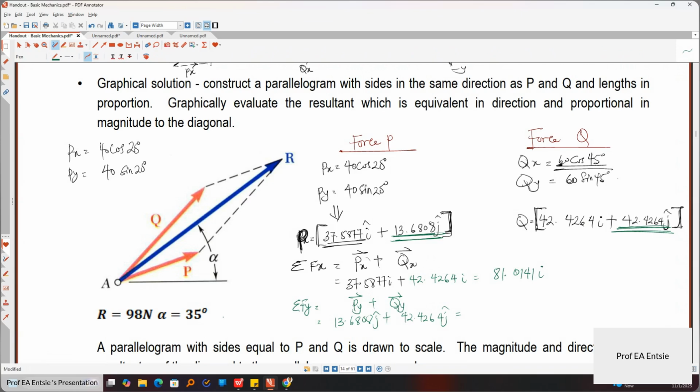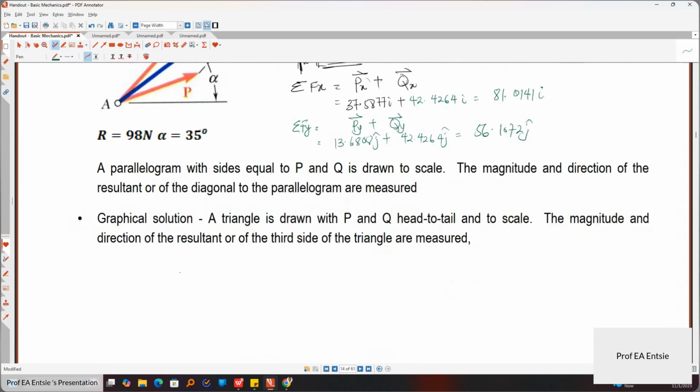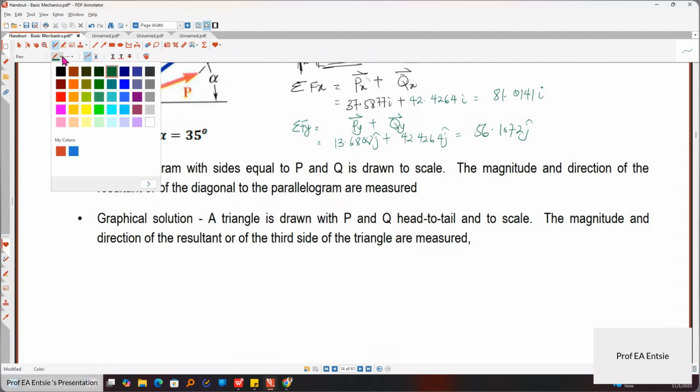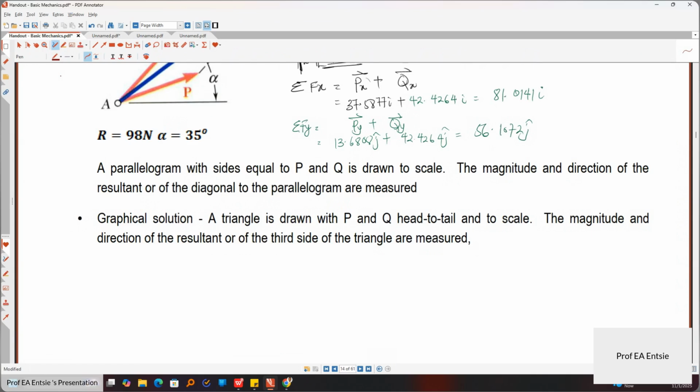What do you get? You get 56.1072 J. So now we've gotten the summation of X and the summation of Y. What do we do with these two? We will now find a resultant from these two.